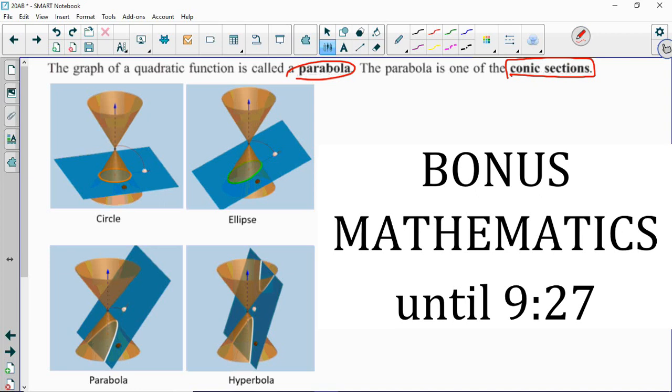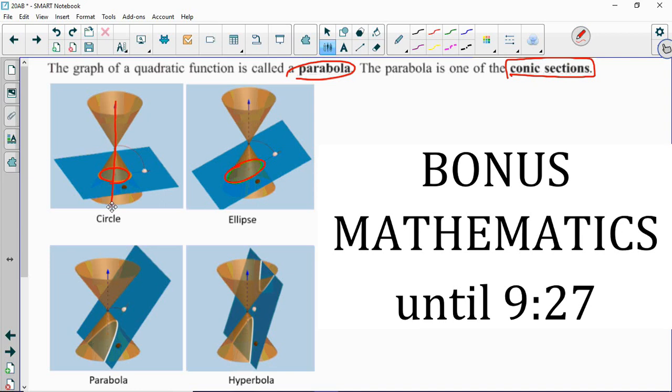In the first case, if the plane is perpendicular to the axes of the cones, so we get a right angle between that axis and the plane, then the cross section of the plane with the cone that it's going through is going to be a circle. If we tilt that plane a little bit, then we get an ellipse.